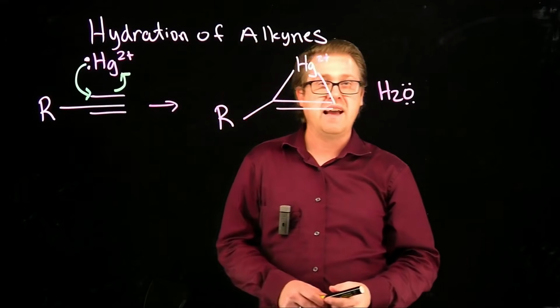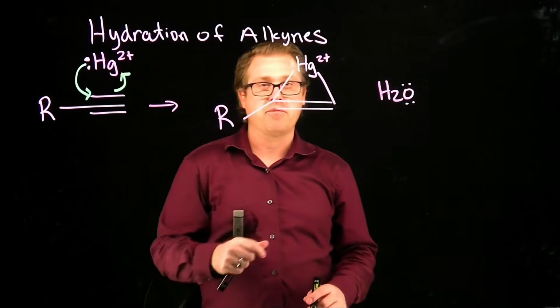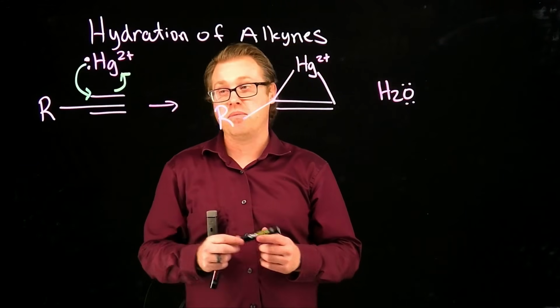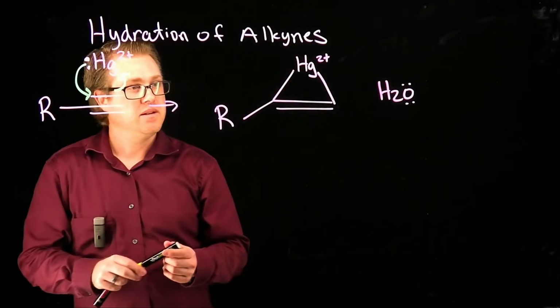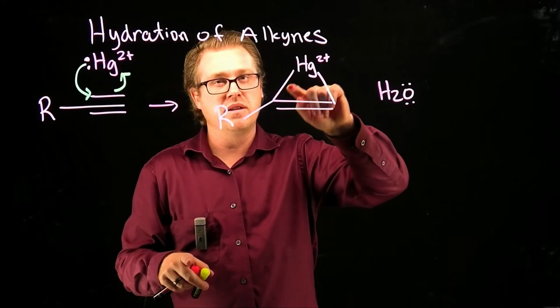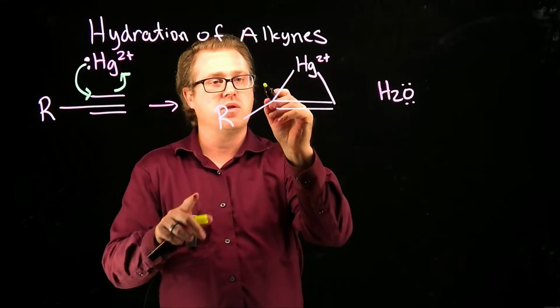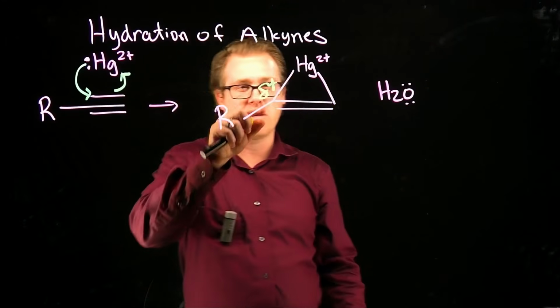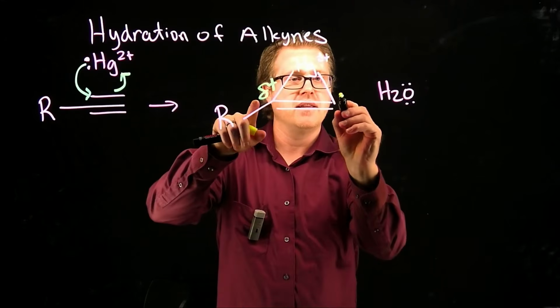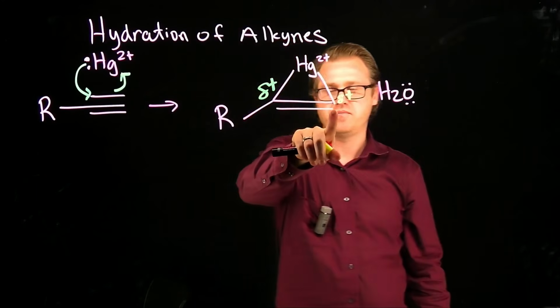Well, it's going to attack the more substituted carbon based off of the same reasons that we've seen in previous examples. This carbon mercury bond is relatively weak. And it's more weak because it's going to have a stronger partial positive over here. And this is going to be a smaller partial positive.